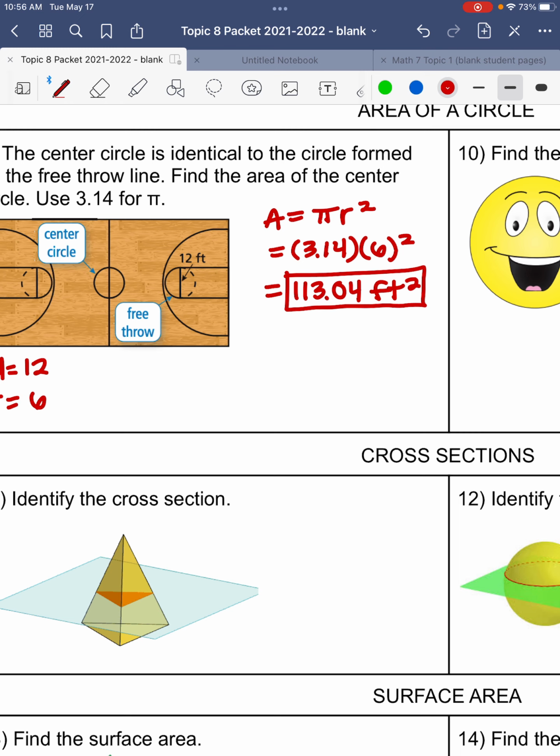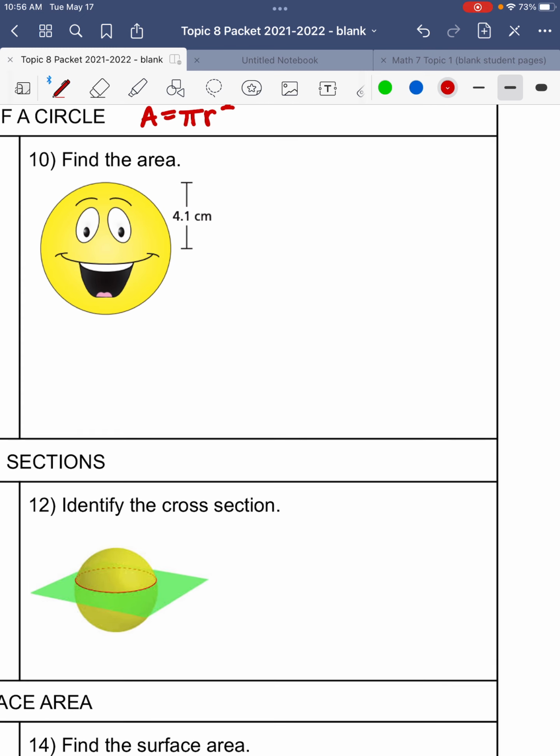Okay, now we're going to find the area of this little smiley face circle. So why is that 4.1 centimeters significant? Well, it goes from one edge to the center, so I know that that right there is my radius. So area is pi times the radius squared. So we have 3.14 times 4.1 squared.